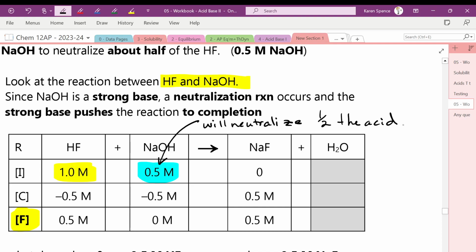How much acid are we left with at the end? We started with 1 molar, now we only have 0.5 molar. What happened to the other 0.5 molar? It got turned into NaF. So now we have 0.5 molar NaF. And if we have 0.5 molar HF and 0.5 molar NaF, what do we have? What's the whole lesson been about? A buffer.